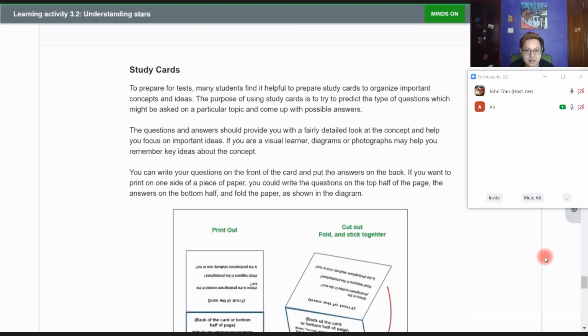Take the study cards out to remember key ideas about concepts. Knowing how to make study cards actually helps because you don't have to bring the whole book. You just need cards, and you can learn concepts easier that way.